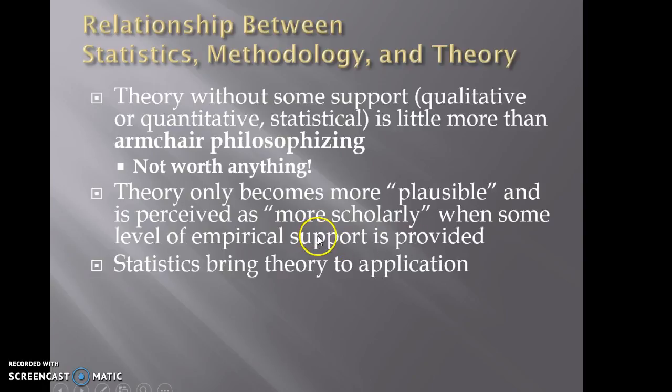When you have that data to support what you say, it's more scholarly, it's more accepted. Your peers will accept it, the programs will accept it. How many times have you heard in the criminal justice degree program here at King, support your work with data and research? Just saying something doesn't make it true. So statistics bring theory to the application.